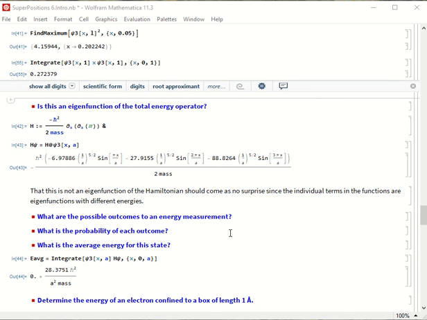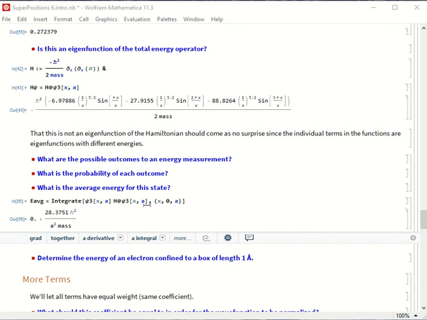We've already indicated what those 3 outcomes would be, but what's the average value? Well, again, we're going to do an expectation value. This case is a little bit trickier, but it's not hard to do with Mathematica. We're going to integrate psi star, with an arbitrary value a, times the Hamiltonian operating on psi.